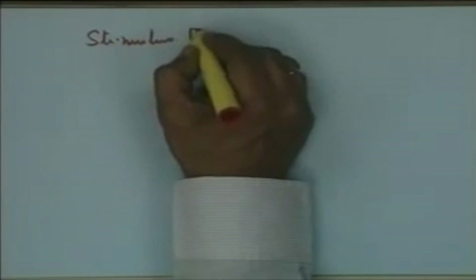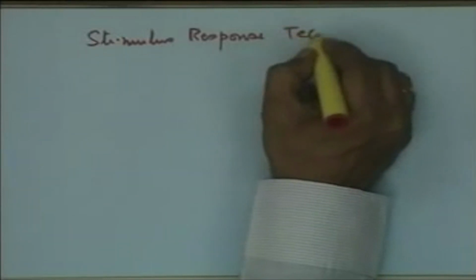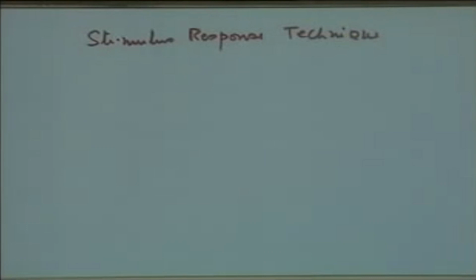Now, this residence time distribution is usually determined in the experimental reactors by what we know as the stimulus response technique. In this technique, usually a tracer, which we define as an inert material, is put into the feed stream along with the feed stream.